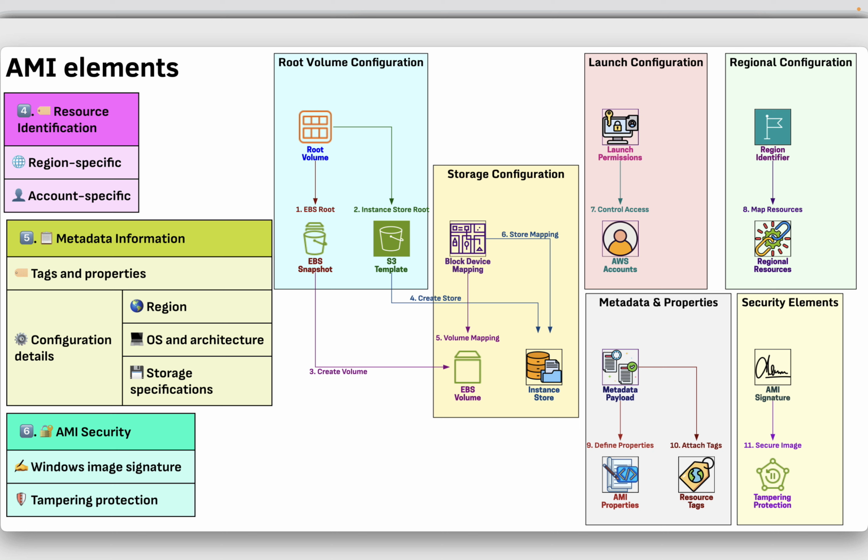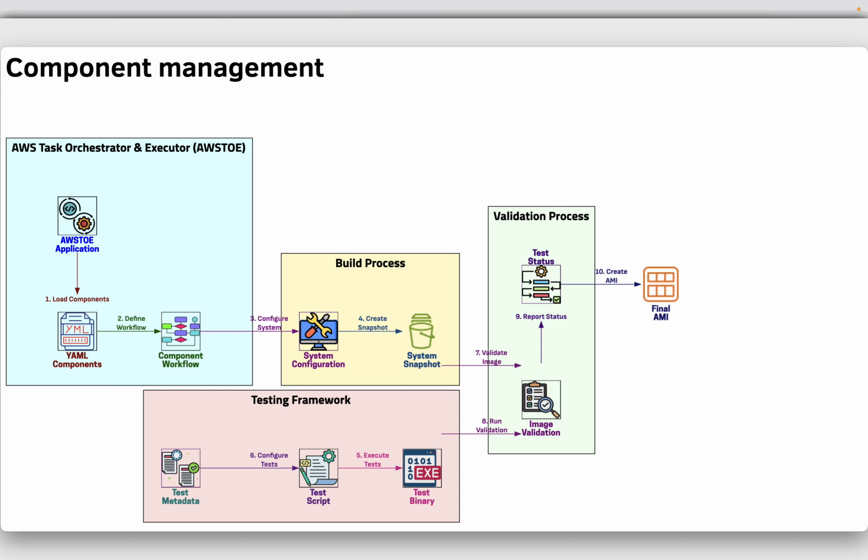AMI security features include a specialized signature for Windows images that provides protection against unauthorized tampering, ensuring the integrity of the virtual machine image.